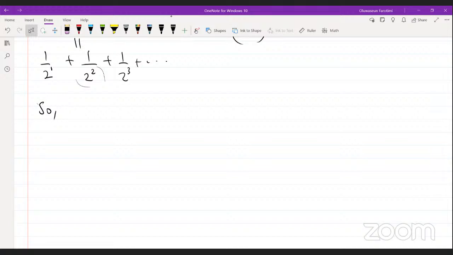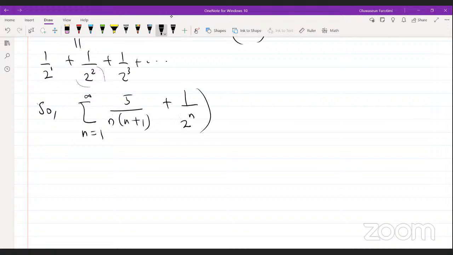Okay, so what happens? The sum from 1 to infinity of 5 divided by n(n+1) plus 1 over 2 to the power n, which is the same thing by property 2.